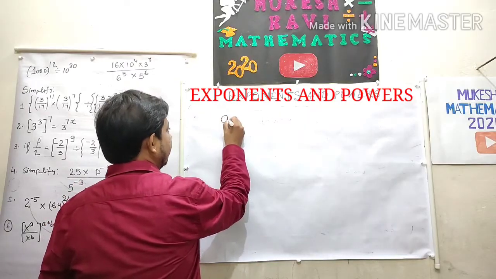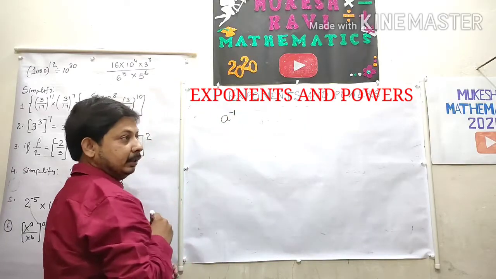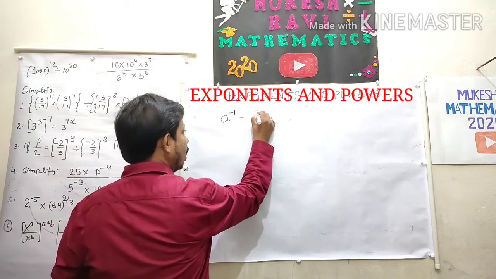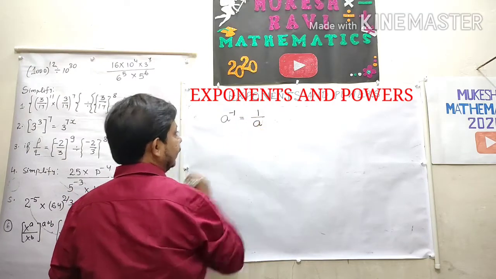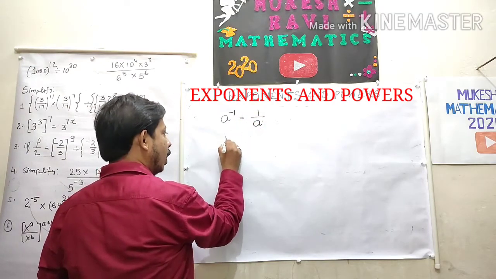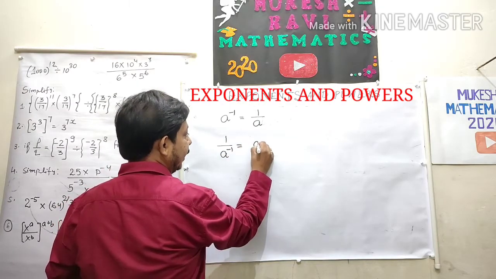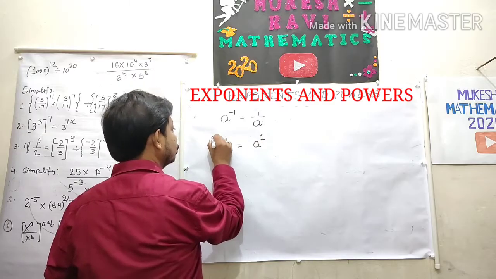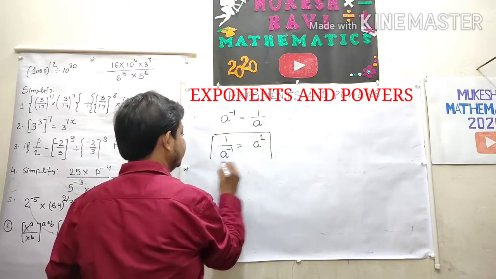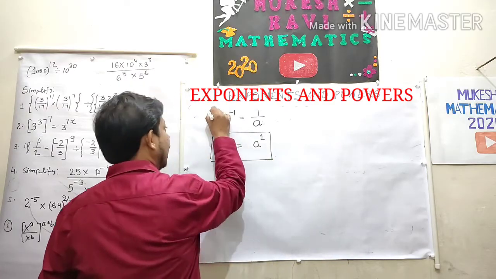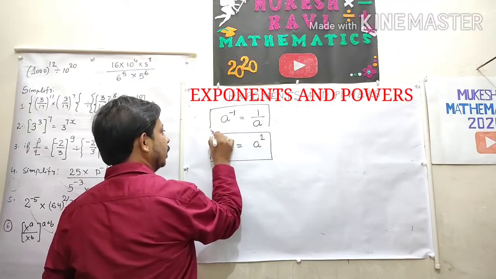A to the power minus 1. What is the meaning? It means 1 upon a. And 1 upon a to the power minus 1 is a to the power 1. So my dear, in these 2 examples, I just wish to establish one thing.